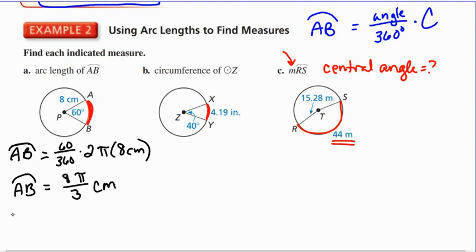Or if I need an approximate answer, I could say that the length of arc AB is approximately 8.4 centimeters. Okay, so I used an equal sign to mean an exact answer and the squiggly equal to mean an approximate answer.